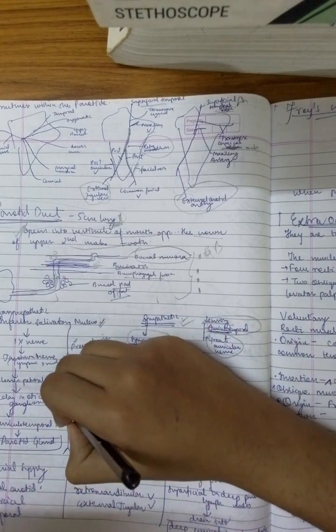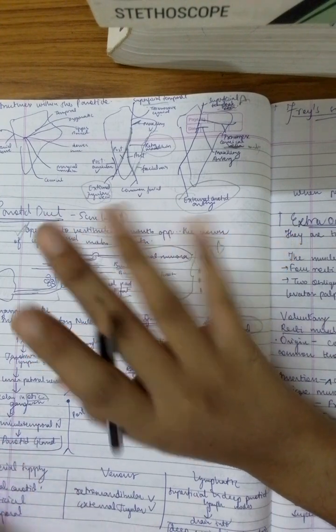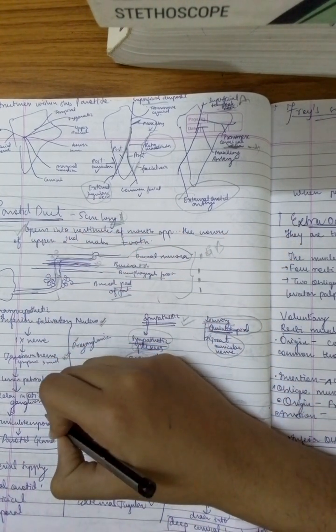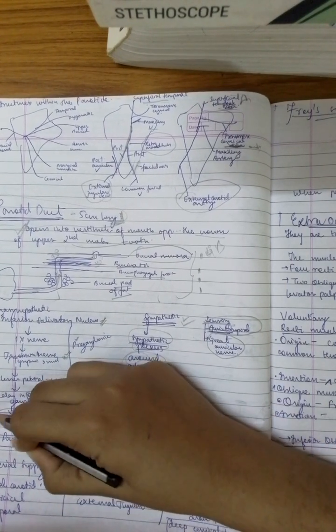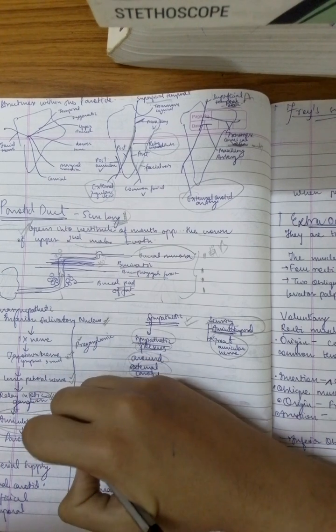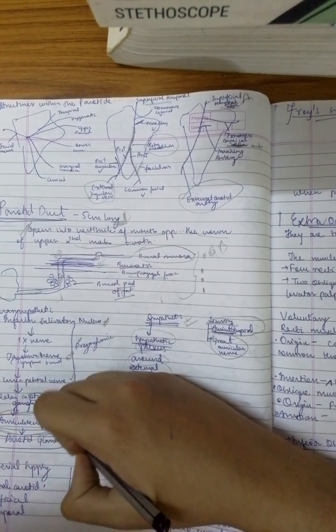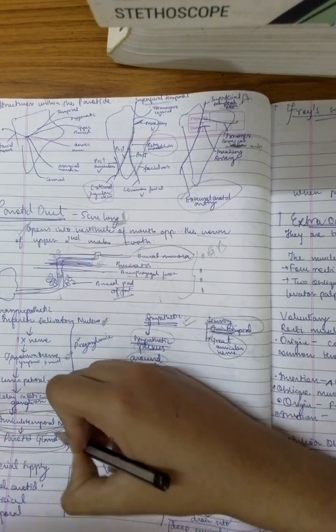Then it relays in the otic ganglion. Don't worry, I'll be doing the otic ganglion. From here postganglionic fibers arise and pass via the auriculotemporal nerve, and it is given to the parotid gland.